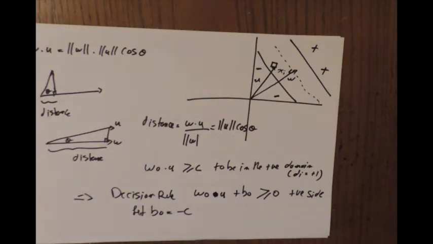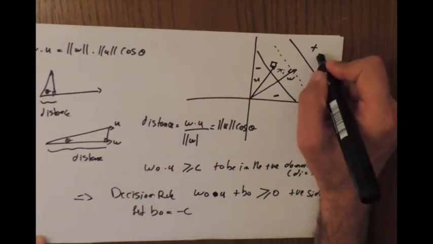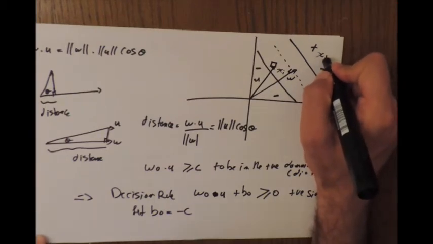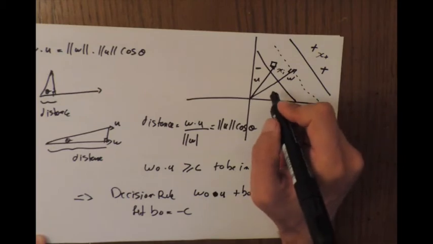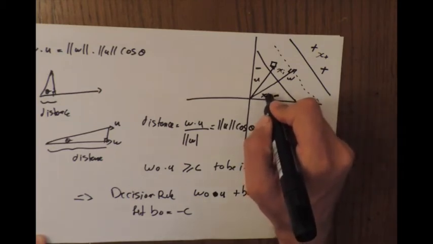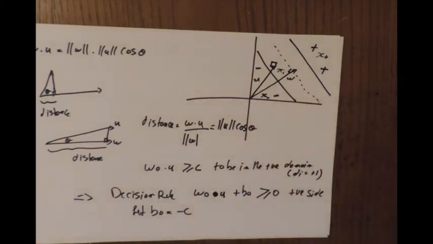To go around this, we need to write the conditions that separate the classes between X positive and X negative. Let's say these are the classes where we have X plus, the positive samples, and here we have X minus, the negative samples, each on different sides of the hyperplane.